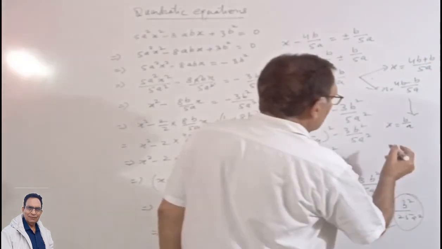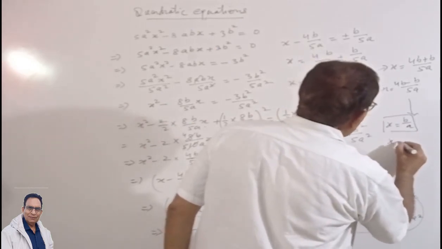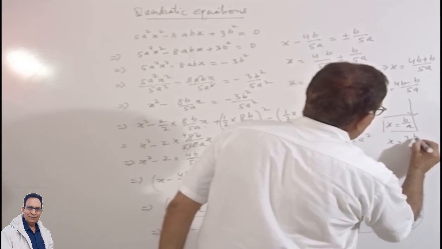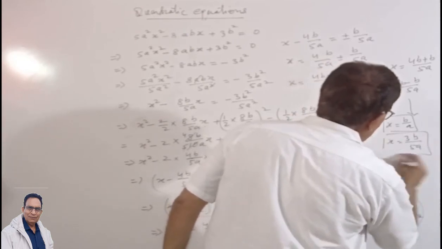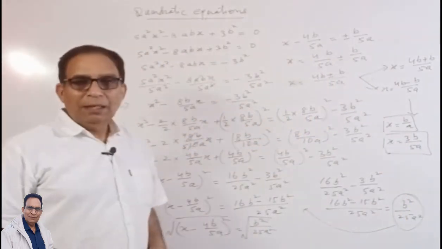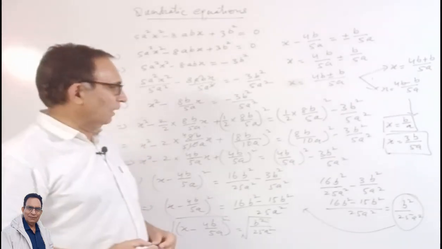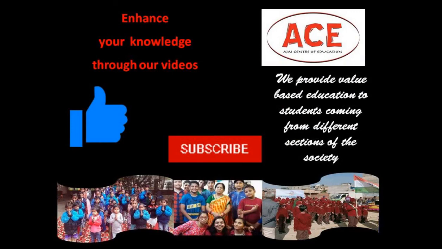One value is this, and the other value you are having 4b minus b is equal to 3b over 5a. So this is how you can solve the equation by completing a square on either side. I hope it is clear to you. Feel free to ask questions through comments. We shall reply to all your queries.